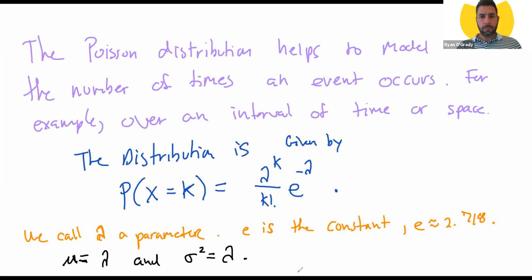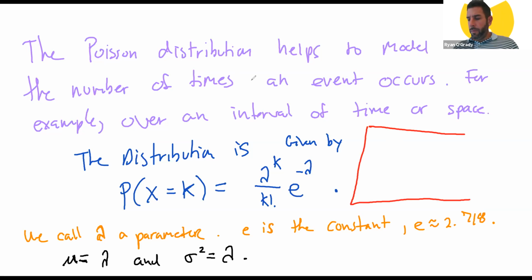By the way, I guess it's worth noting, so we should have said this on the previous page. I failed to mention it, so I'll put it here in red because it's important. We talk about modeling the number of times an event occurs. Because that's what we're trying to explain or model, it's important that this distribution encompasses that.